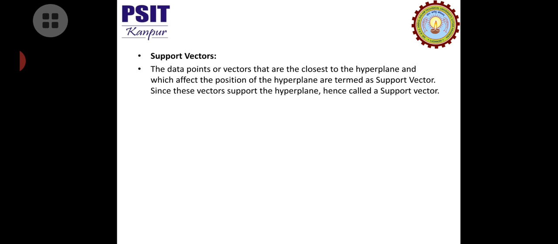Now support vectors. The data points or vectors that are closest to the hyperplane and which affect the position of the hyperplane are termed support vectors. So a support vector is a data point or vector closest to the hyperplane.